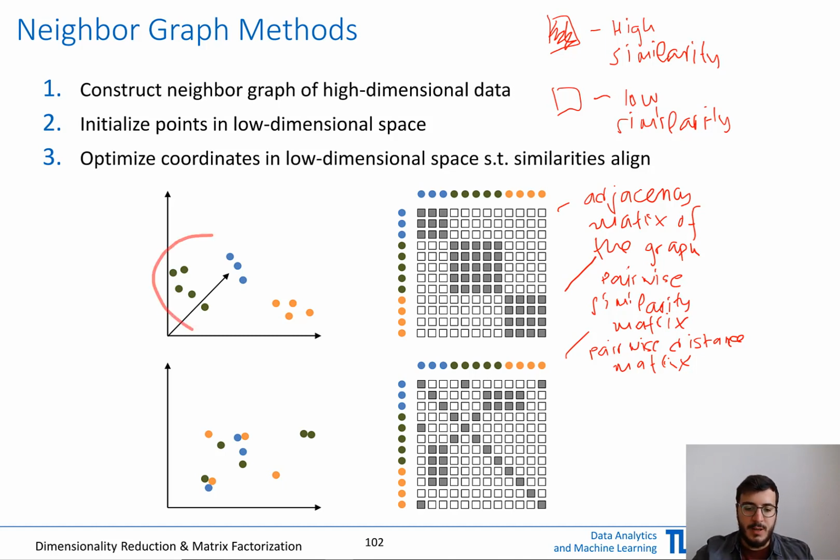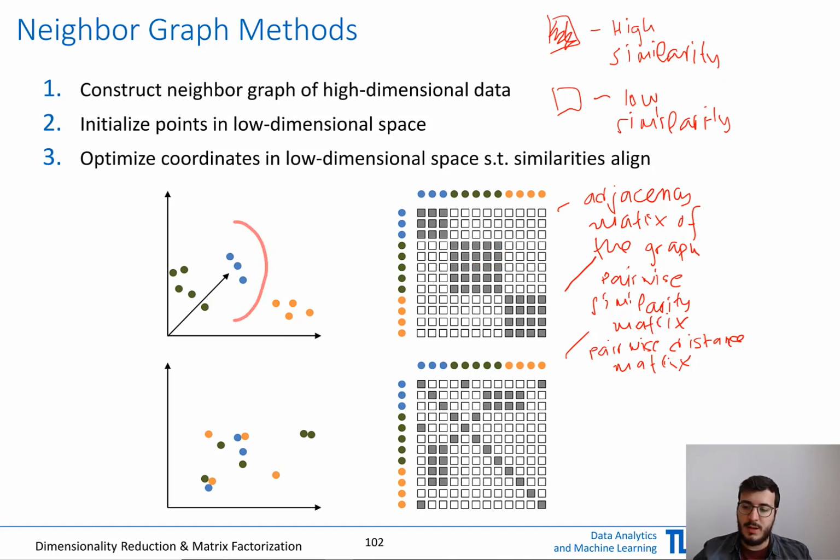So if we've done this now for the high dimensional data, we see that these data points have high similarity to each other, but low similarity to everybody else. Similarly, these data points have high similarity to each other, but low similarity to all of the other data points. Right, so again, each of the cells in this matrix tells us how similar this node is to this node, or this data point to this data point.